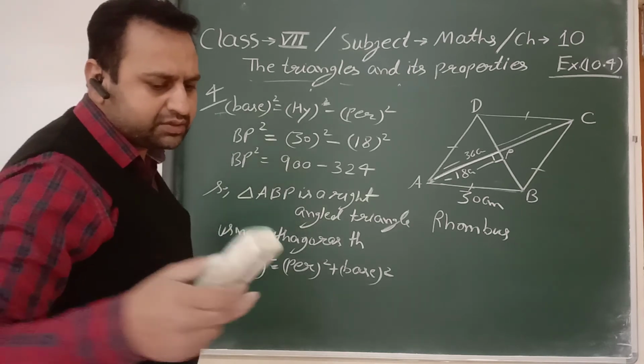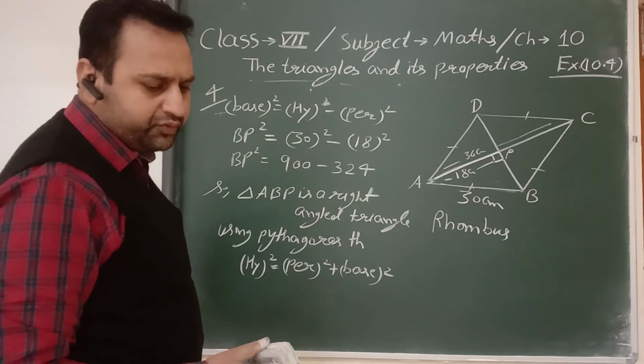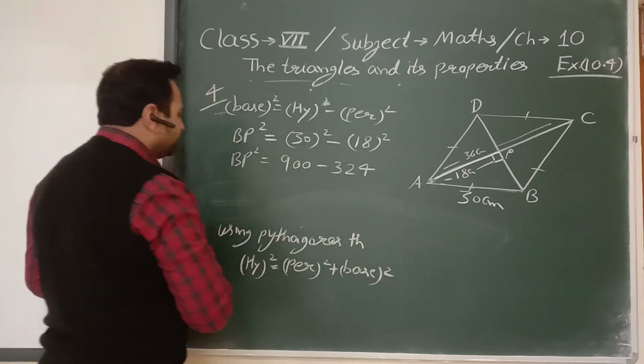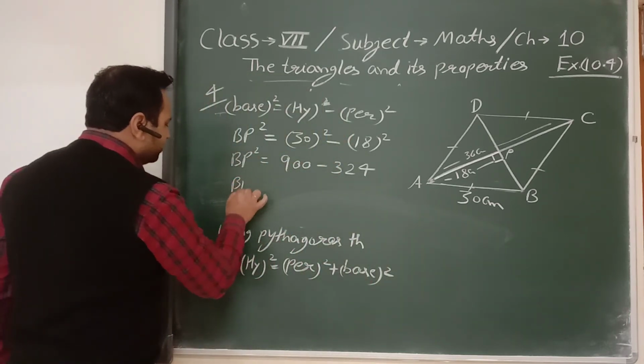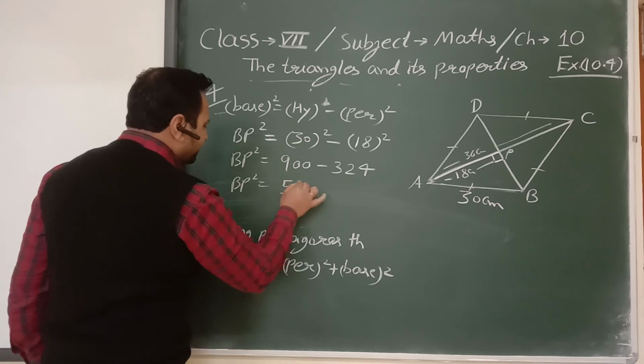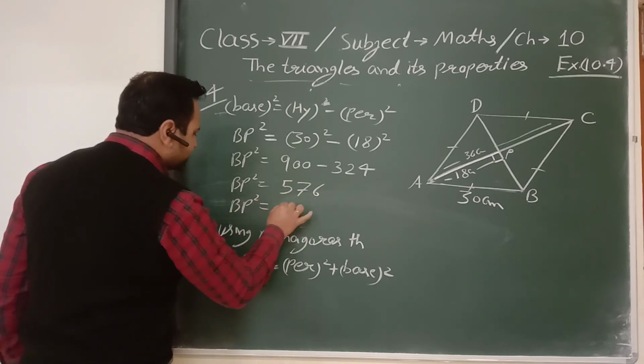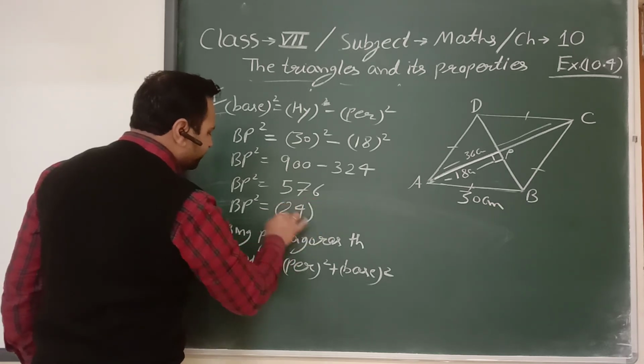900 minus 324, the value we obtained is 576, and we know that 576 is the square of 24.